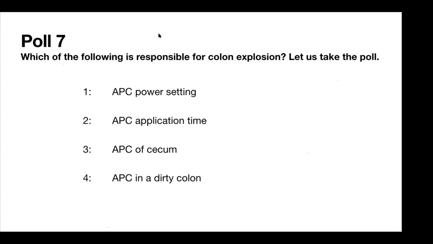So you should not do this. You should not do any electrosurgery in a patient whose colon prep is not good. And will CO2 protect you? We don't know that. People talk about it and ask, can we evacuate the whole colon and exchange it for CO2?